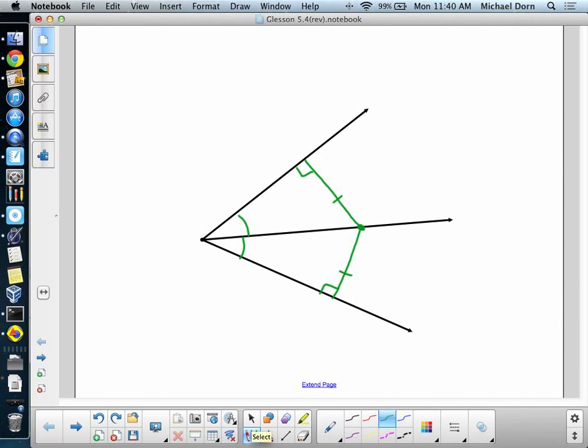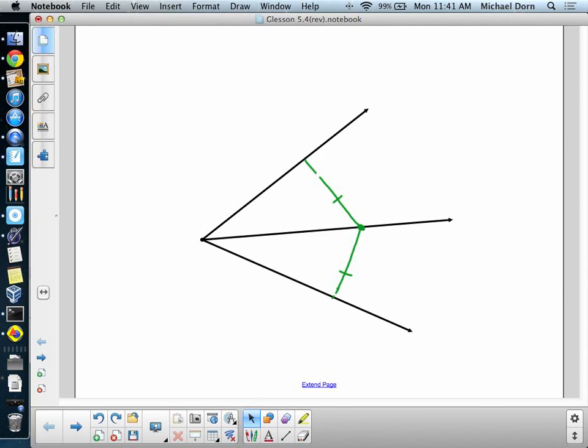Now, I'm not drawing perfectly to scale here probably, but you get the idea. And one way to tell it's an angle bisector is if these two distances are the same. Now, if we don't have the fact that those are right angles, if I just have that those two segments are congruent, that is not enough information to get angle bisector. Just because those segments are congruent doesn't mean they're the right angle distances.